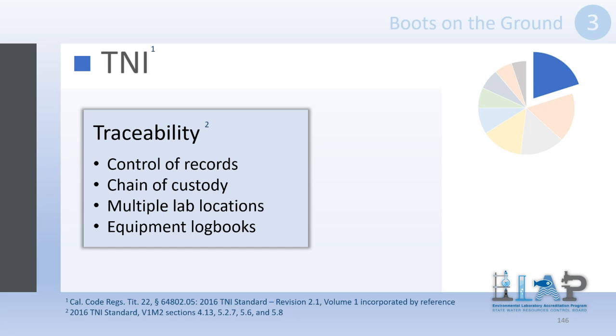There are labs that have multiple locations, and it's not always clear what location is the one doing the testing. And so we've seen a little bit of that. And then also with equipment, reagent logbooks in the lab, basically, either not being present or not being utilized, not being paginated, those kind of things. But the traceability is something that's really important.